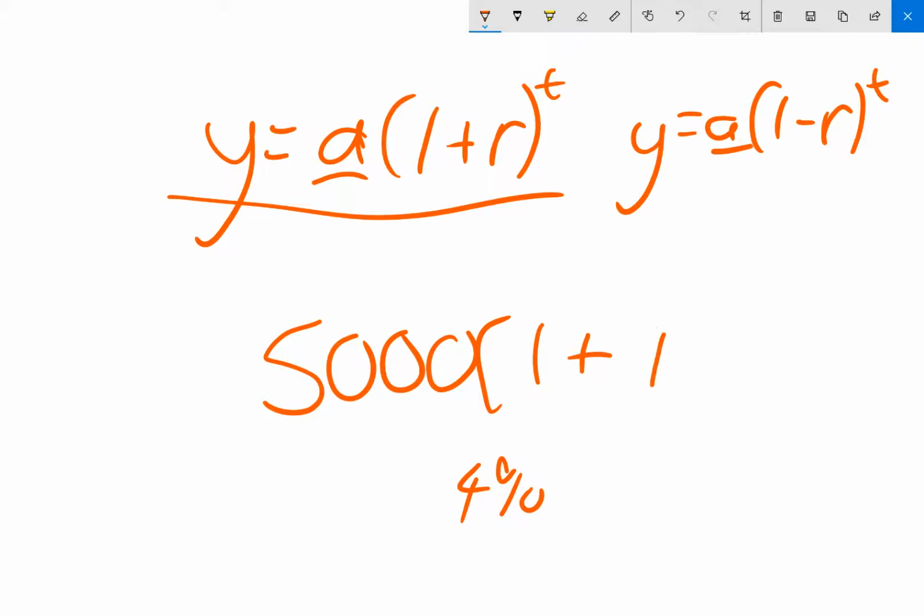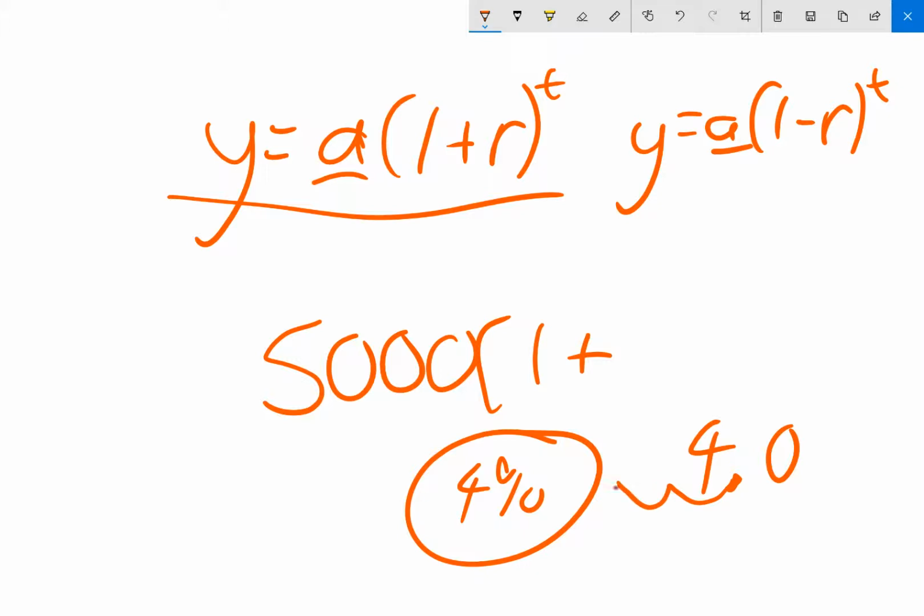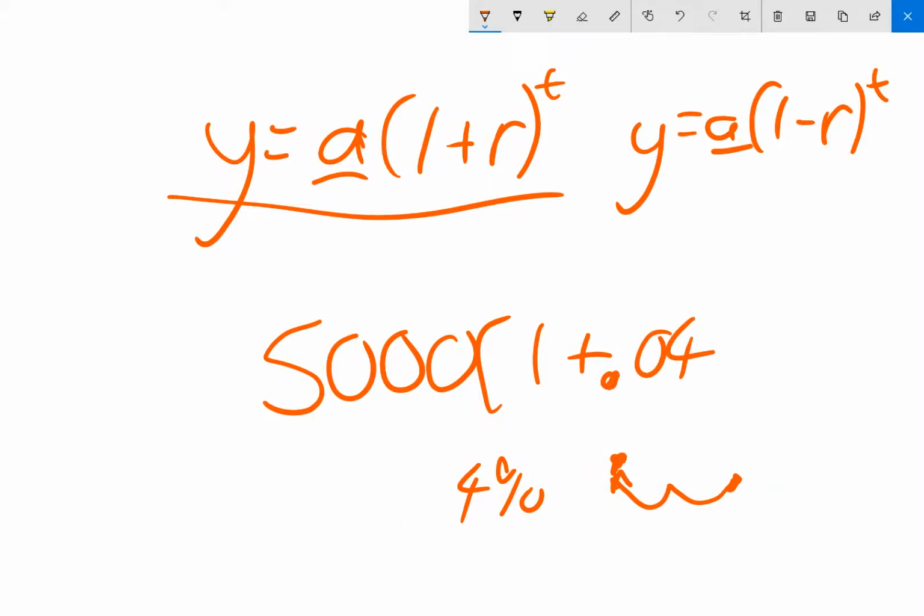But it's not plus 4. That's the part people get wrong a lot. Whatever your percentage is, you have to move the decimal. So if it's 4%, that's 4.0, and you'd have to move the decimal 2 places left, which would be 0.04. So you would put 0.04 in the problem if it told you it was 4% growth. It's very important that you remember to always move that decimal.